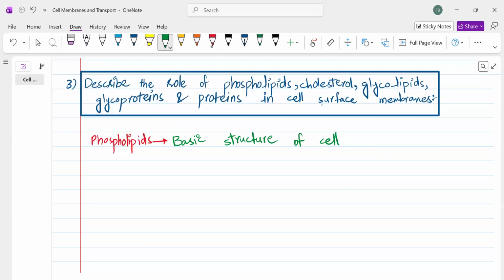You know, this is the most basic thing. Without it, you don't have any membrane. Then we have discussed the amphipathic nature of it, the polarity and hydrophobicity, all those things. I am just writing amphipathic. If they ask you such a thing, you must mention it.